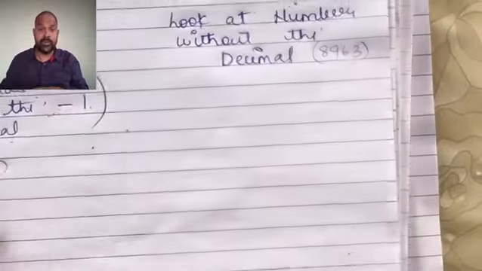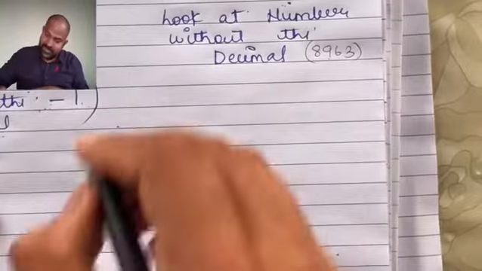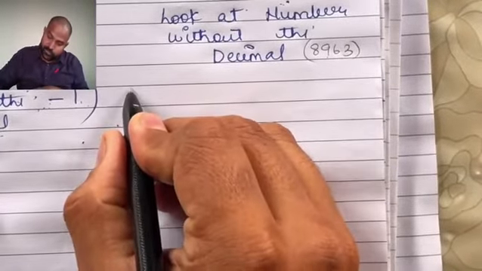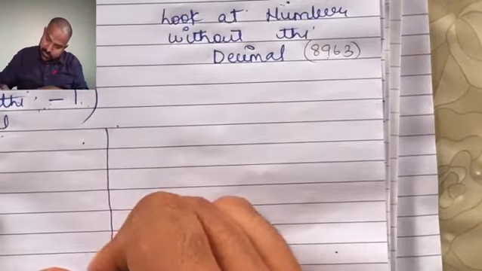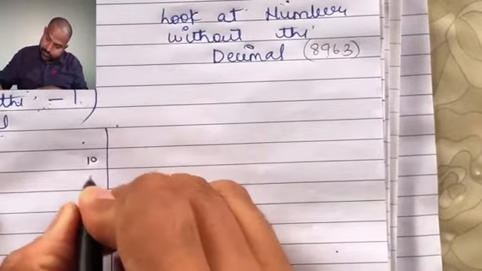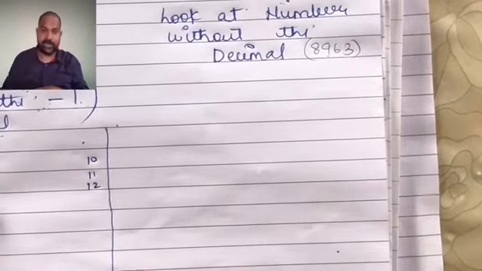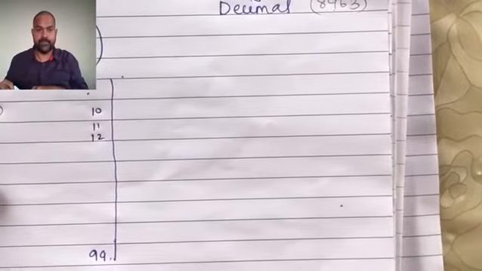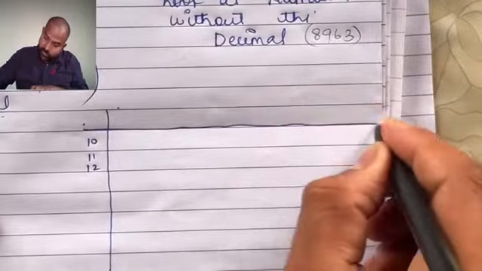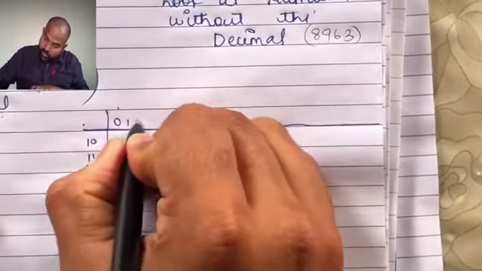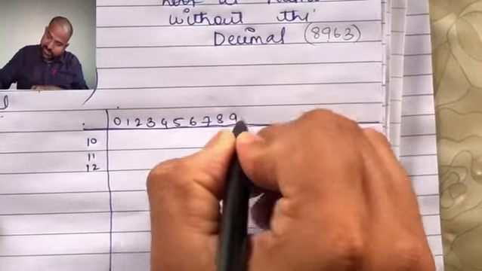But how do you look at the number without the decimal? In the table. Where is this table? Well, the table is laid out in a certain way. The first column of the table has numbers starting from 10, 11, 12 and keep going up till 99. Correct? Then there is a horizontal bifurcation where there is a 0, 1, 2, 3, 4, 5, 6, 7, 8, 9.